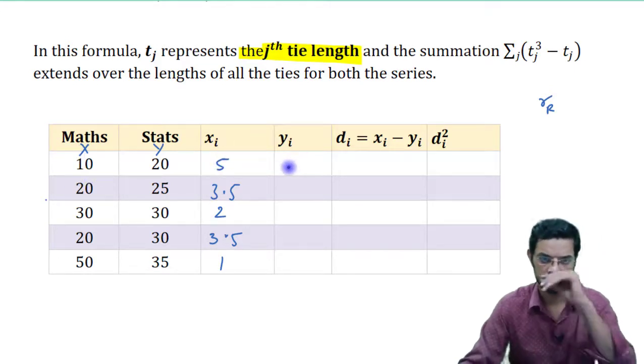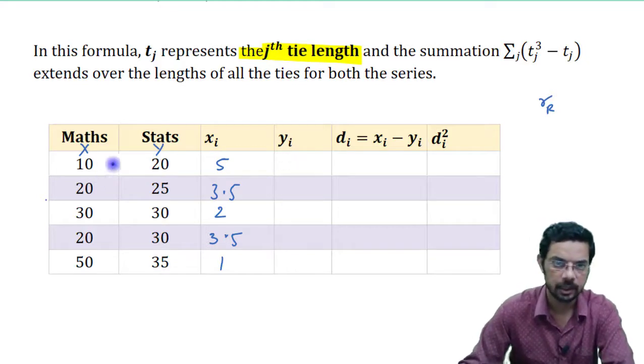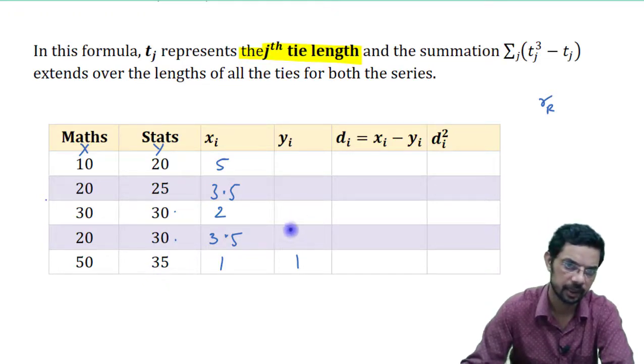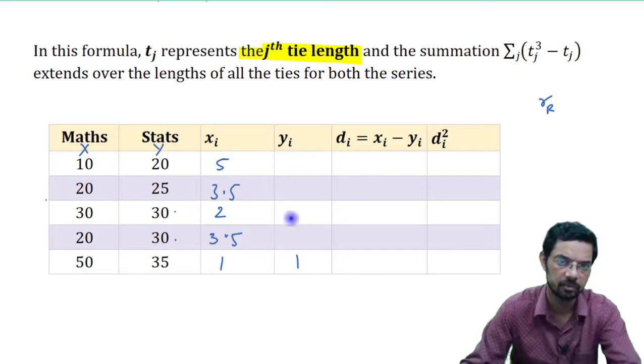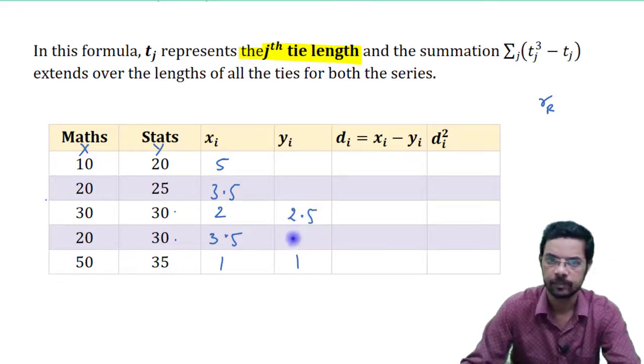Same way we shall proceed for the yi's. The highest one in yi is 35, so this person will get the first rank. Then we have 30 as the next highest. This 30 and this 30 are tied up, so the second rank and the third rank are tied. The average of the second and the third will be 2.5, so this 30 will receive 2.5 as the rank, and this will also be 2.5, because the second and the third positions are shared.